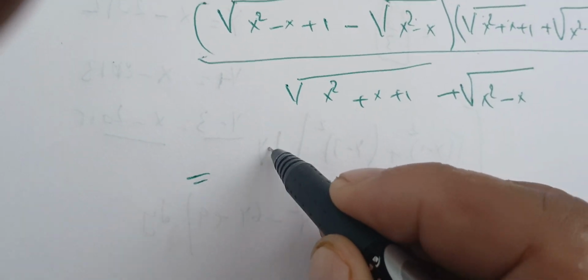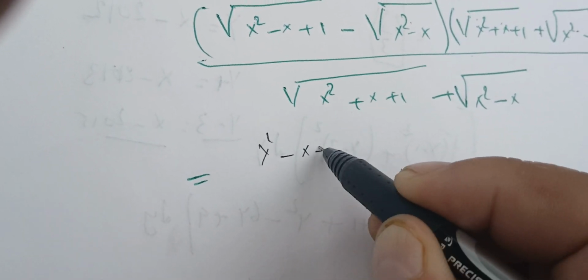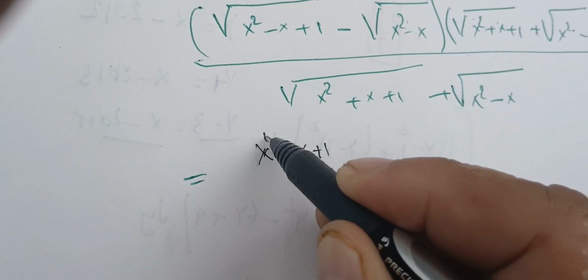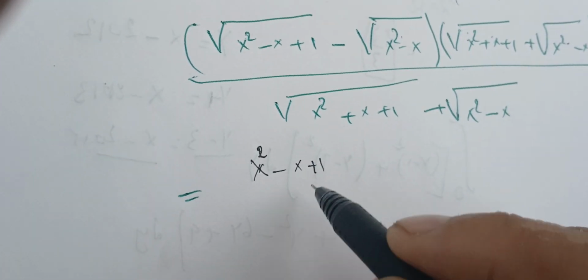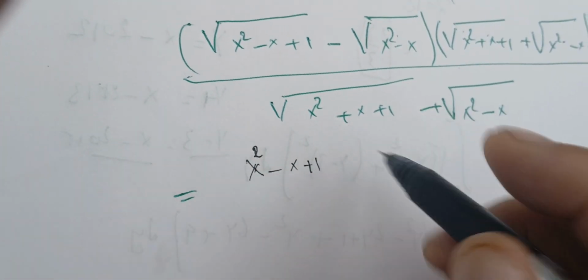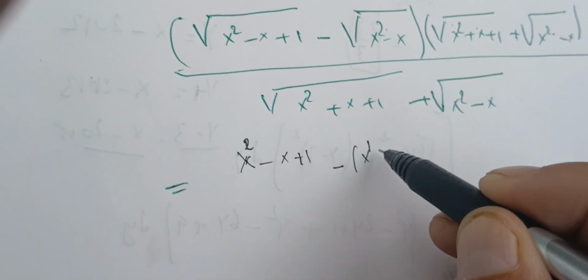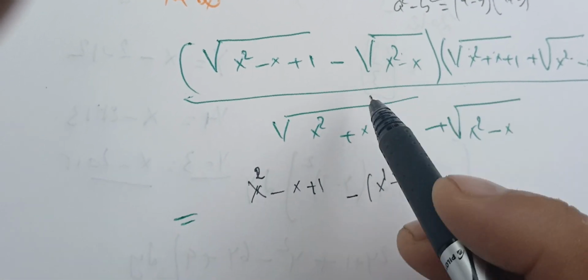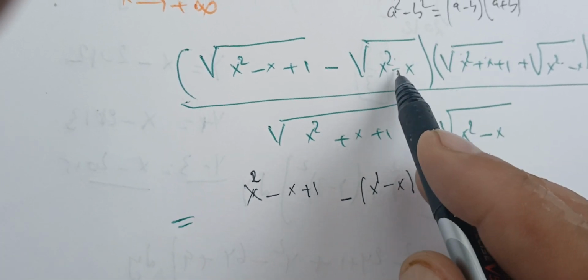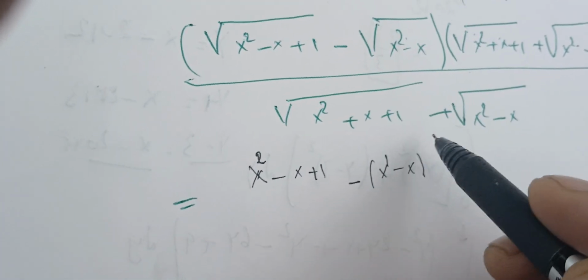It's going to be x squared minus x plus 1, the square root squared, which is giving us this one, minus x squared minus x. Because this is the square root squared, and in its domain this one is always positive, that's why we don't have the absolute value.